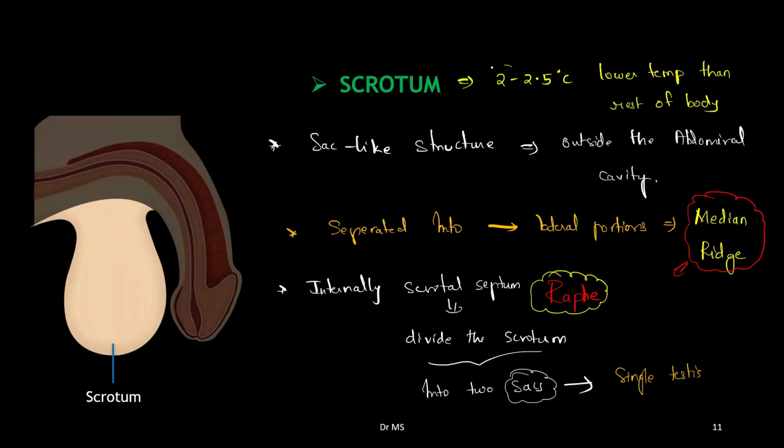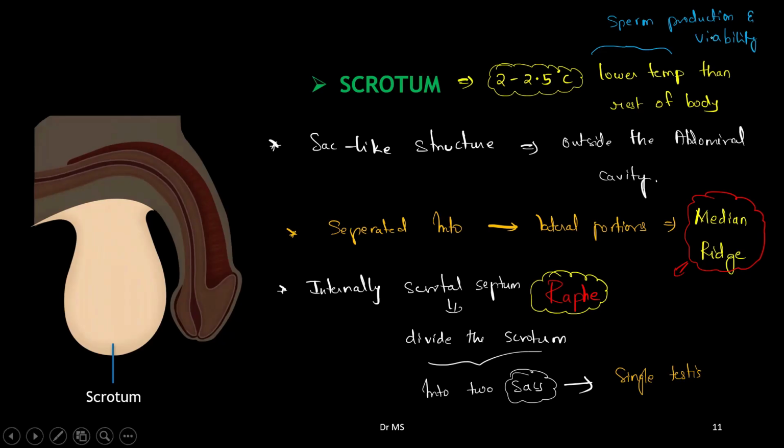This is very important for sperm production and viability, meaning the quality of the sperms. If the sperms are not of good quality, they cannot fertilize the egg, so there is no formation of the zygote. So for good quality sperm production, the temperature should be 2 to 2.5 degrees Celsius lower than the body temperature. Clear?